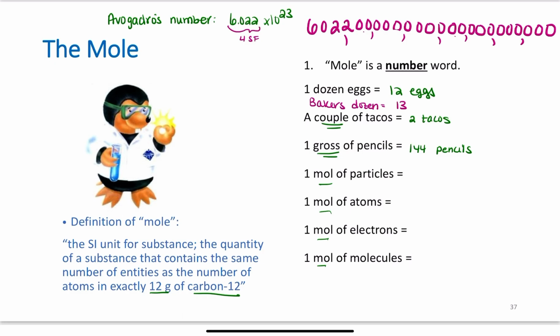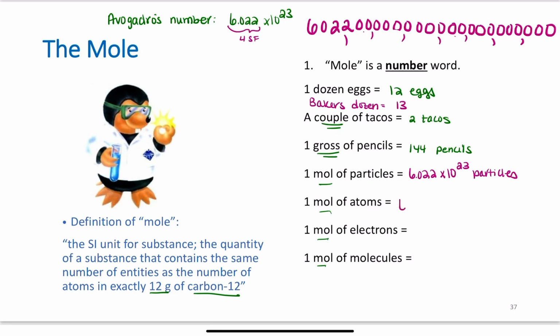But what I want you to think about is just how small a carbon or any atom is. Atoms are very, very, very small, smaller than we can see with our human eye without some kind of instrument to help. And honestly, they're smaller than most of us can really comprehend. It's just tiny. So it takes a lot of them to equal up to 1 mole of material. And so if I wanted 1 mole of particles, I would have 6.022 times 10 to the 23rd particles.